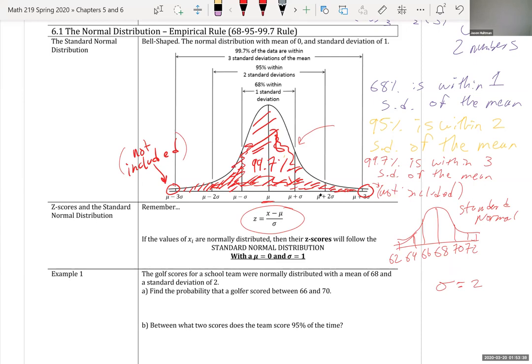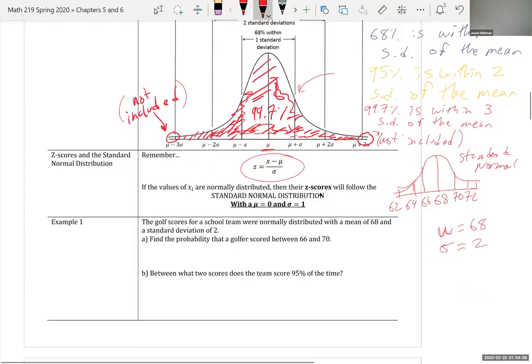If mu is 68, which is in the middle, and sigma is 2, then if 68 is in the middle, how far up would I have gone to get values between 66 and 70? That's our first example here.